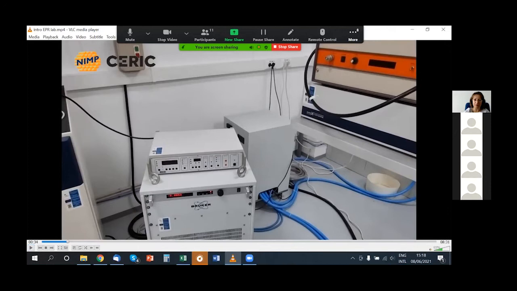And for the electromagnet you just saw, we need some cooling water, and this is the heat exchanger. Here we have the power supply for the electromagnet.